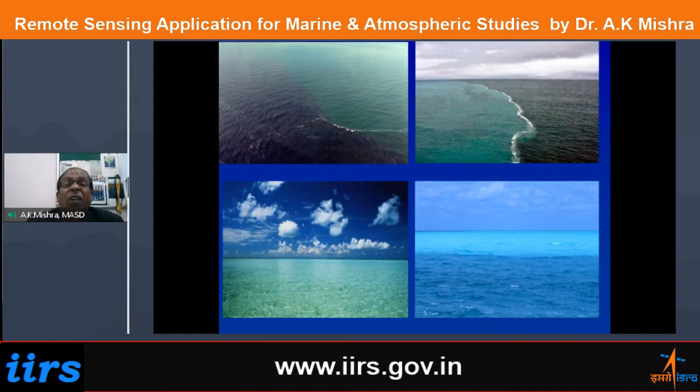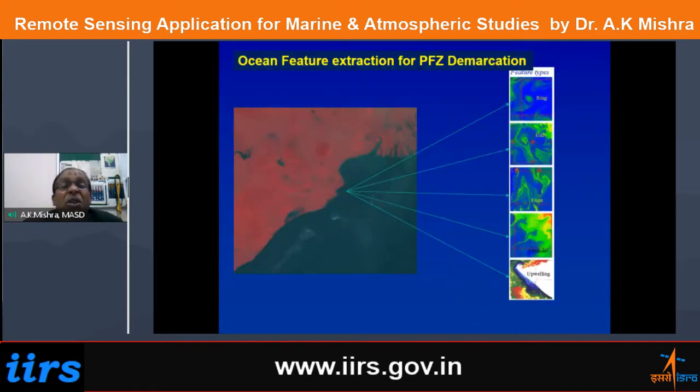Apart from that, when two water masses mix, they give a color front and an ocean front also, means a thermal front also. So the thermal fronts can be easily detected by the satellite for demarcation of PFZ areas, and the oceanic rings and the eddies and the front areas and meanders and upwelling areas can be segregated.